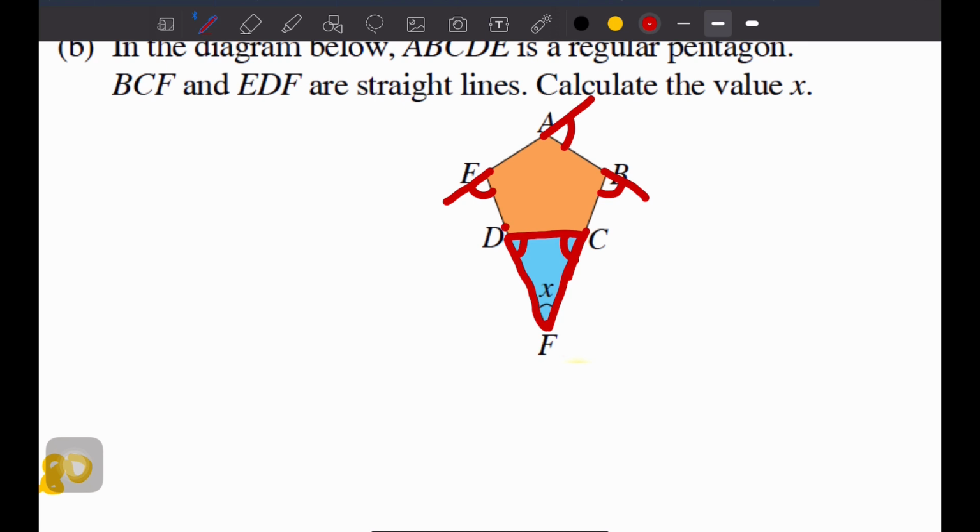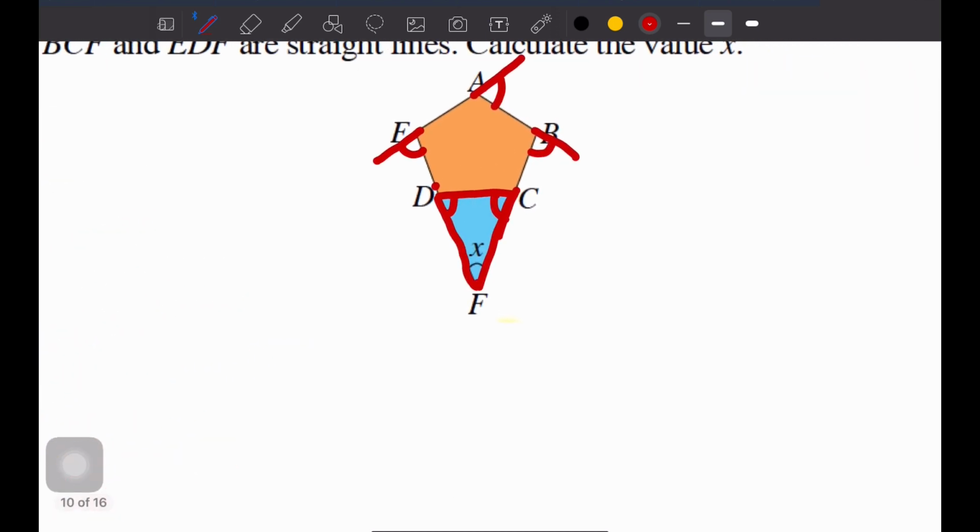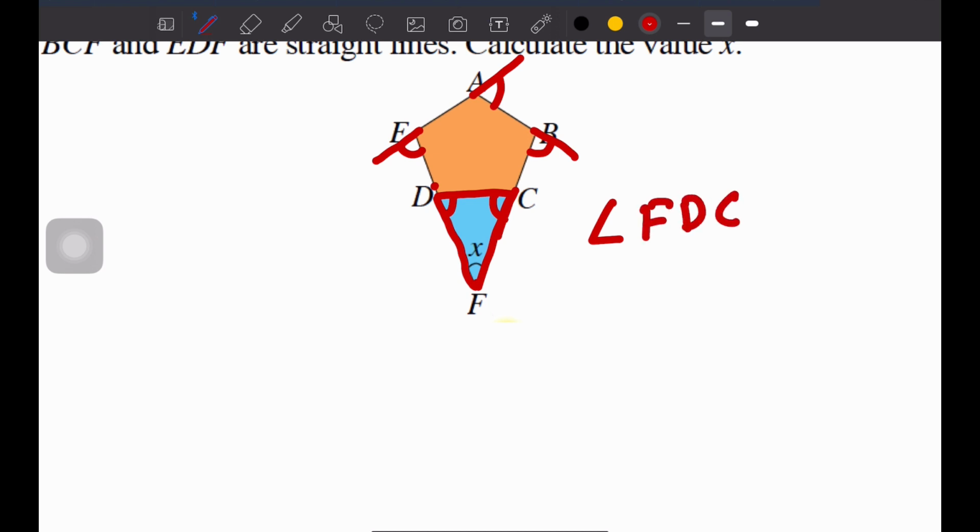Okay, so I know that. I try to take one side, for example, this one. So angle of FDC, this one. Okay, because this is one of the exterior angles, right?